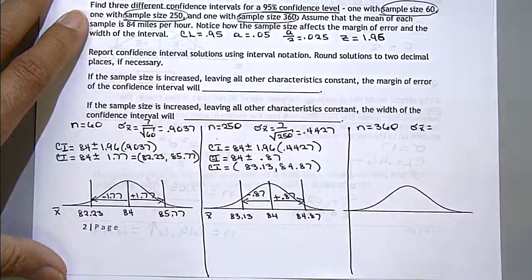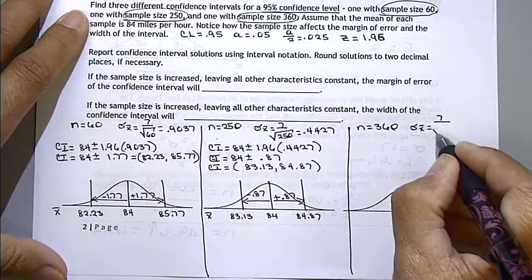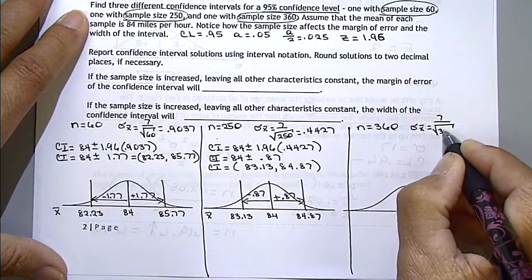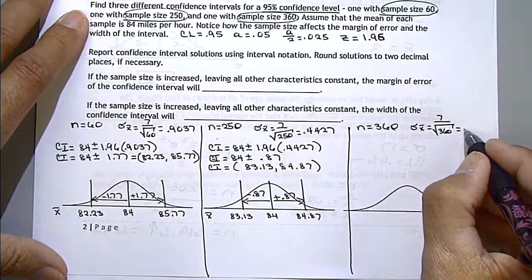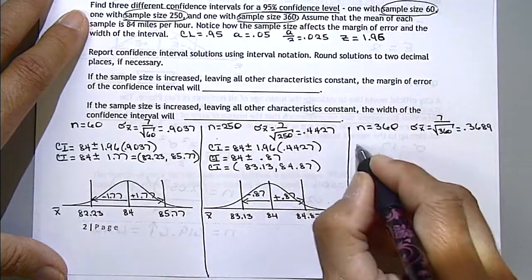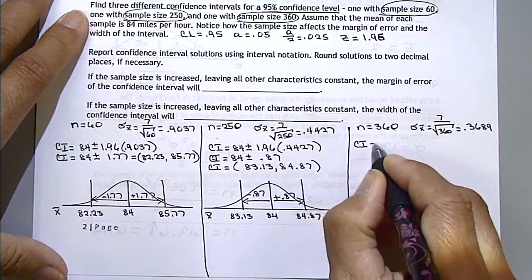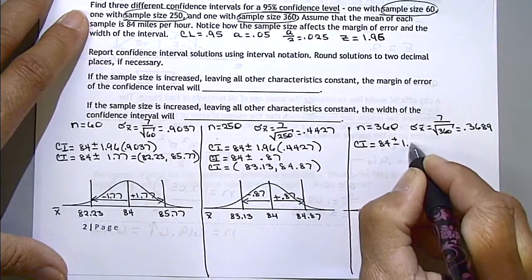I've got that standard deviation of x bar. I'm going to take my population standard deviation, and this time I'm going to divide it by the square root of 360. And I got 0.3689. So the confidence interval is going to be 84 plus or minus 1.96.